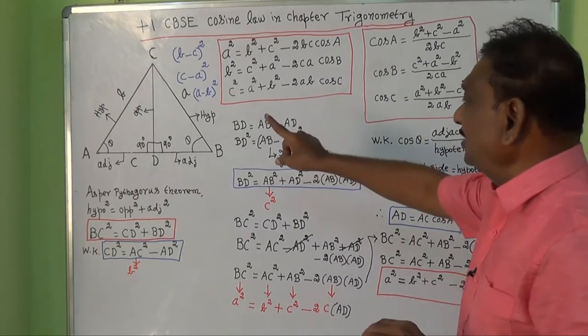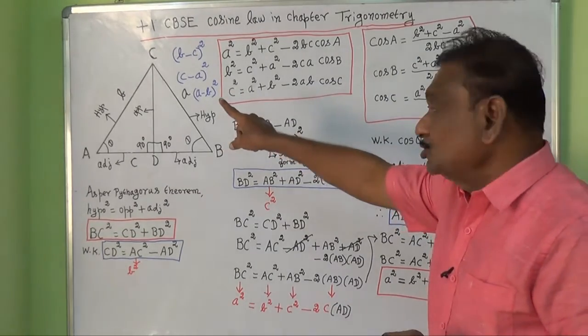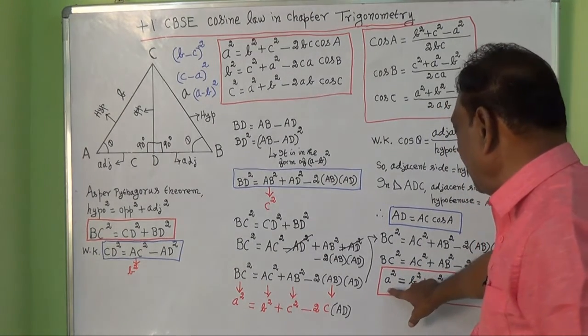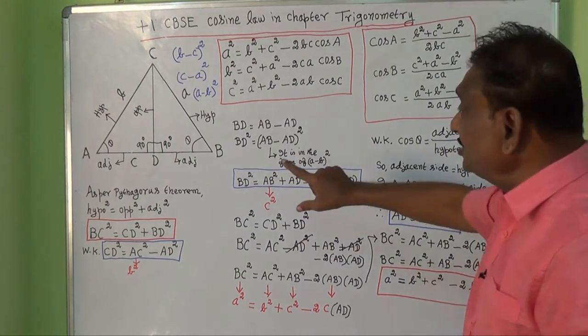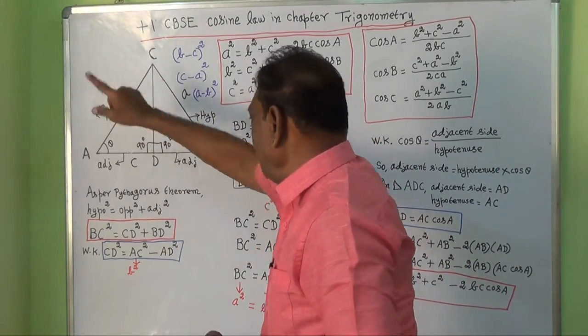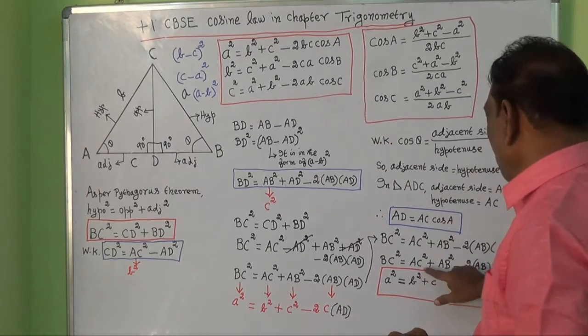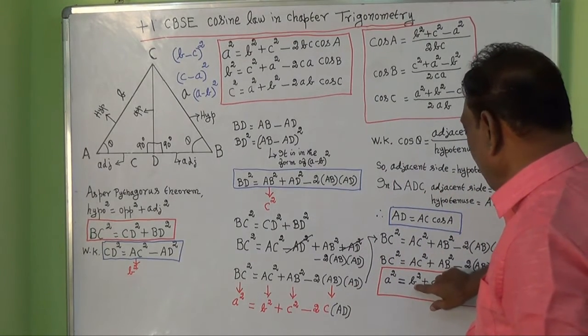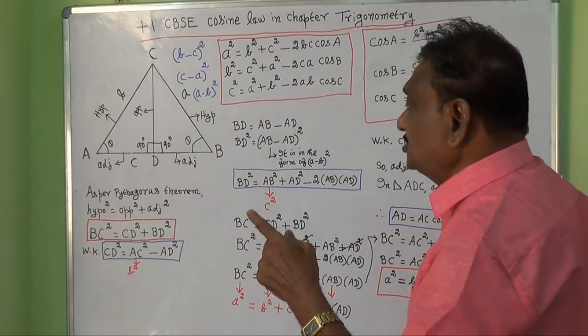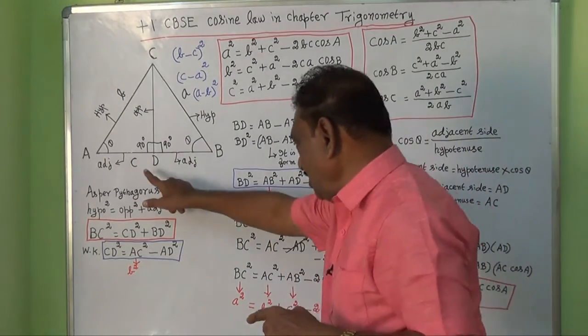The BC is nothing but the side a, so that we can write BC square as a square. What is the side AC? The side AC is nothing but the side b, so that AC square can be written as b square. What is AB? The side AB is nothing but the side c.